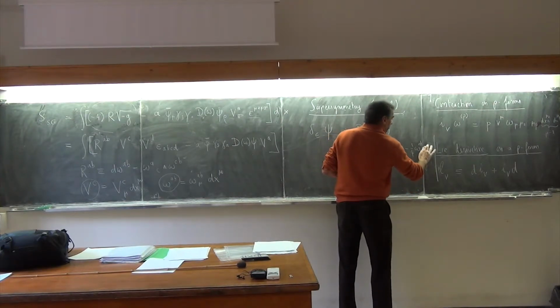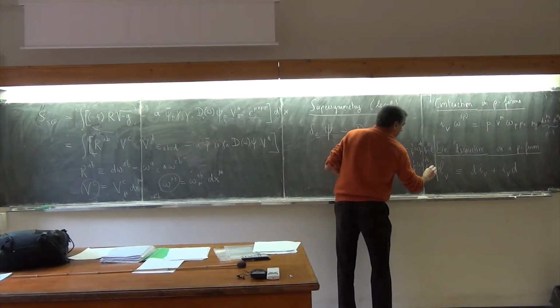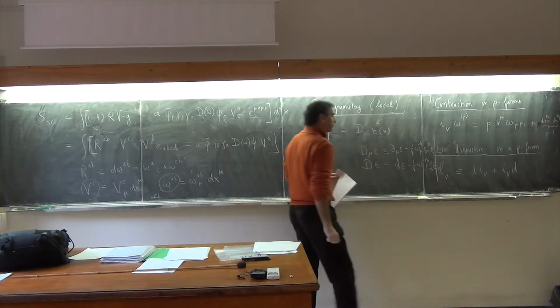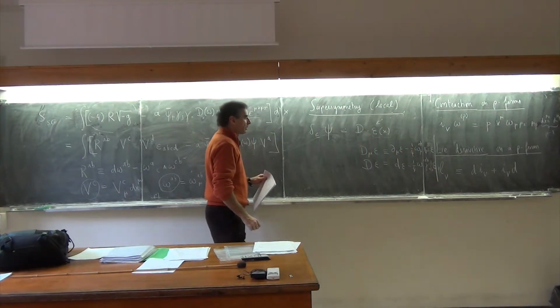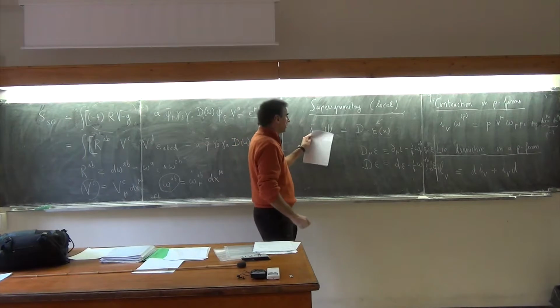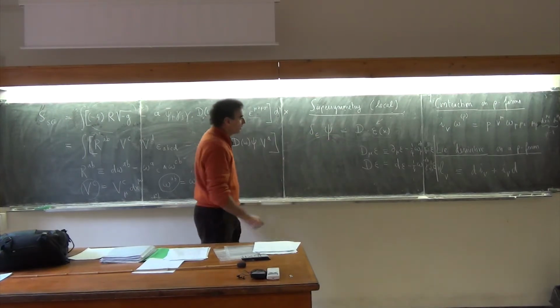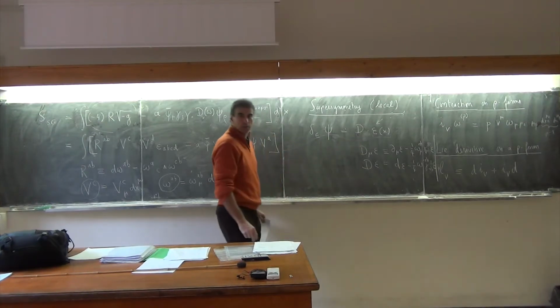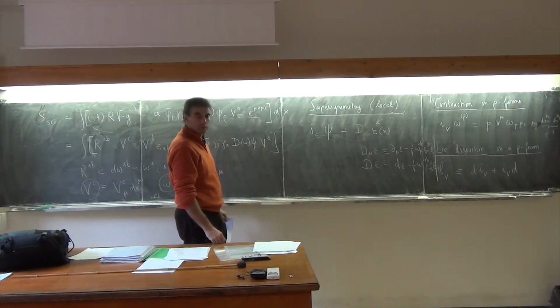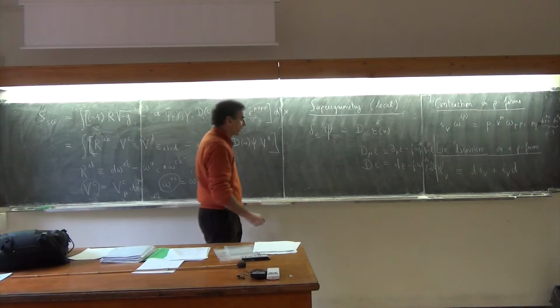Well, this contraction is here. So now I'll always take forms, so I'm not putting components anymore. So this is the proposed variation for the gravitino field under supersymmetry.